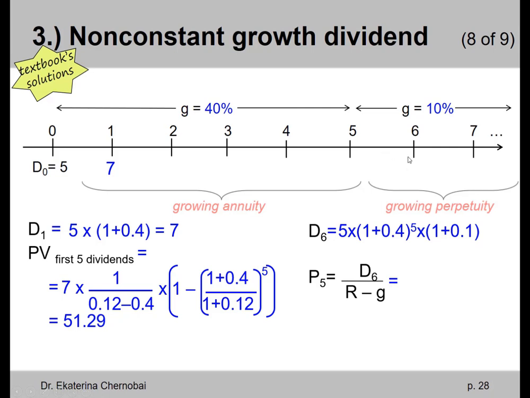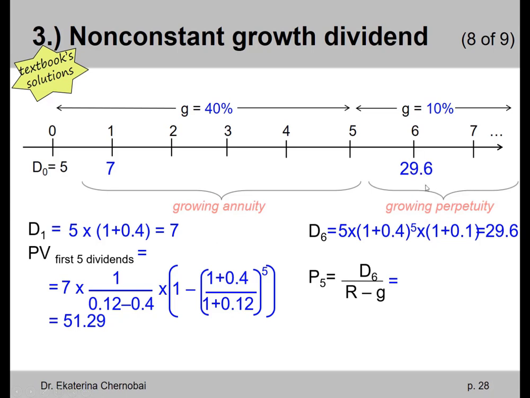And then, because we need to go one extra year further in the future, we should multiply it again by 1 plus 0.1, where 0.1 is now the slower growth rate per year. And this gives 29.6. Actually, we didn't even calculate this number in my solutions; you don't even need it.